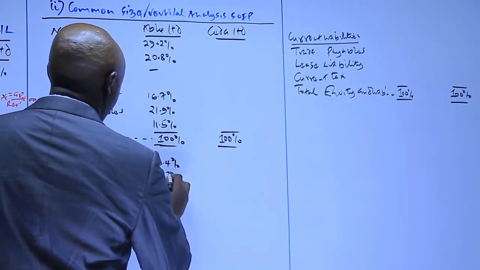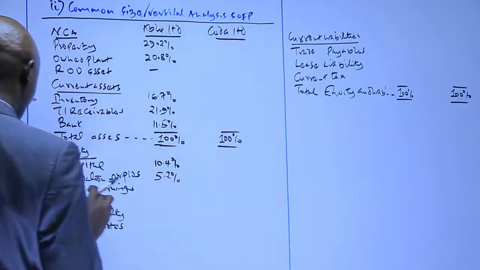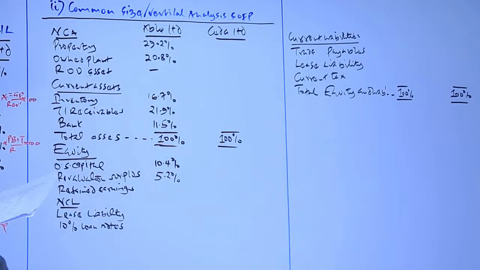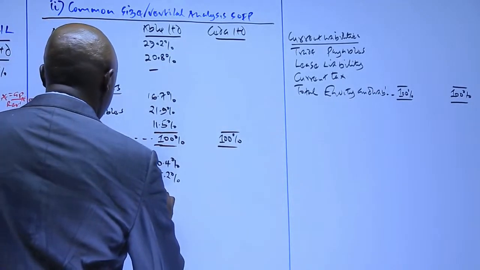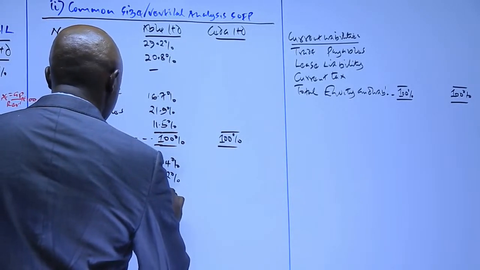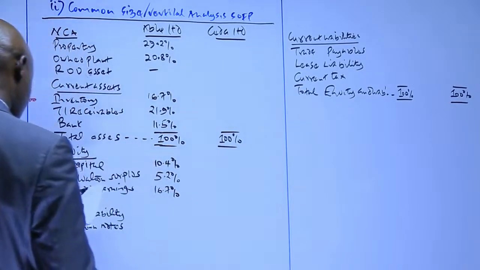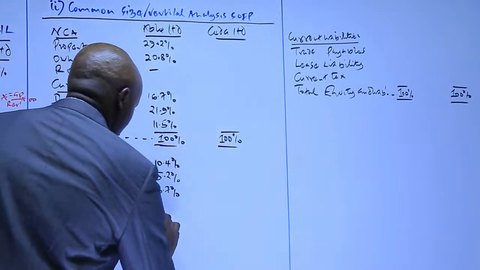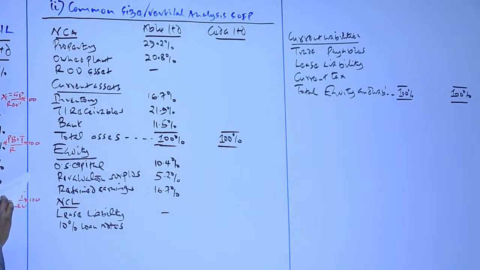Remember, here we are expressing everything as a percentage of total asset. What about the retained earnings? 5,600 divided by 33,600, which will give us 16.7%. This company was not having a lease liability.